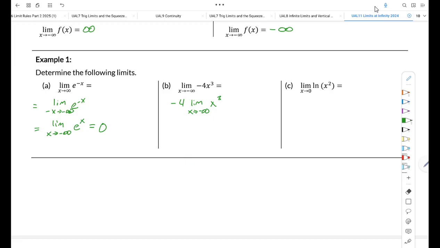So those numbers that were giant and negative, after they get multiplied by -4, are going to be giant and positive. So this is positive infinity. So if you have a number being multiplied by your entire function, if that number is negative, it will change the sign of your infinity.